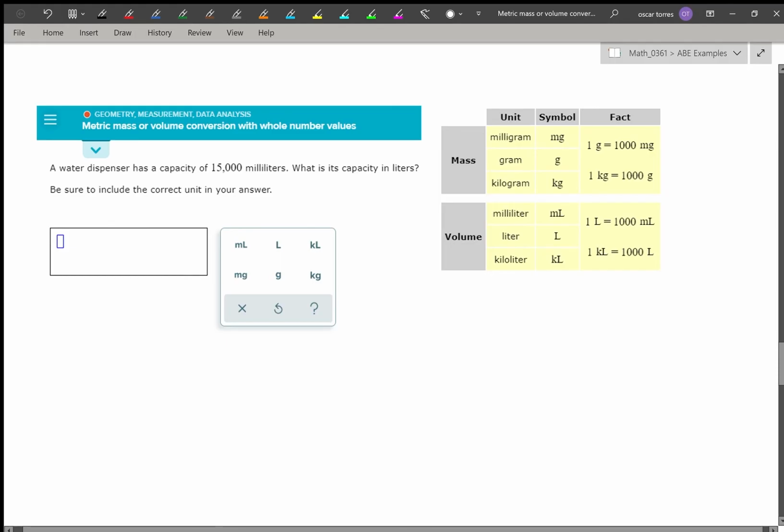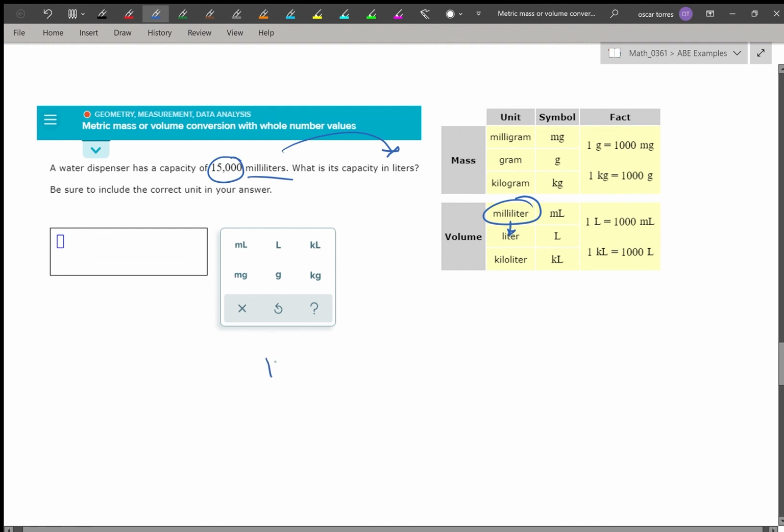For this problem, it tells us that a water dispenser has a capacity of 15,000 milliliters. And they want us to know what is the capacity in liters. So we start off in milliliters and we convert it to liters. If we look at our table, we're starting at milliliters and we're working our way down to liters. When we work our way down on this table, we end up dividing our number by 1,000.